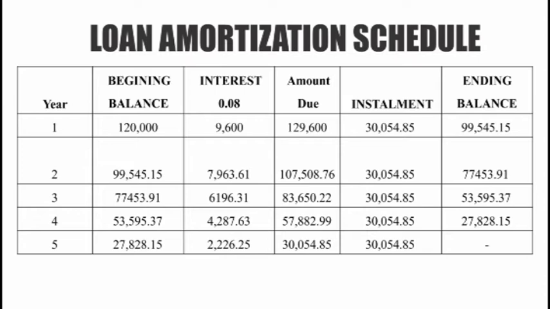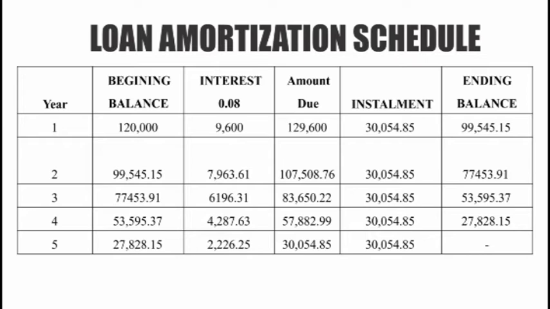The ending balance for year one becomes the beginning balance for year two. So when you come to year two, you see 99,545.15, and you apply the 8% on it, and that gives you 7,963.61 Ghana cedis. You add it to the 99,545.15, and that gives the amount due for that year, which is 107,508.76.